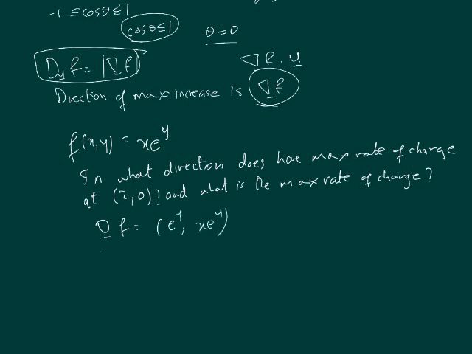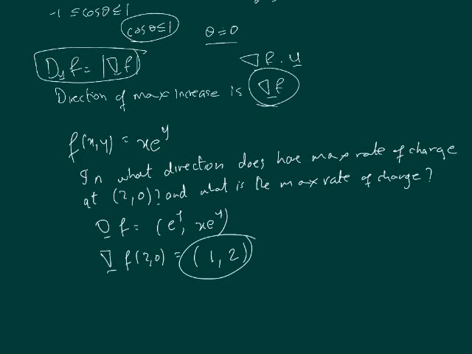That's our gradient. Now grad f at (2, 0) is simply e to the 0, which is 1, and this is going to be 2. So it's (1, 2). According to the theory we've just looked at, the direction of maximum rate of change is (1, 2), which is grad f at (2, 0).